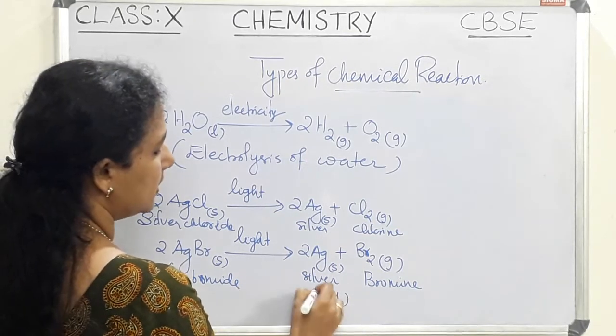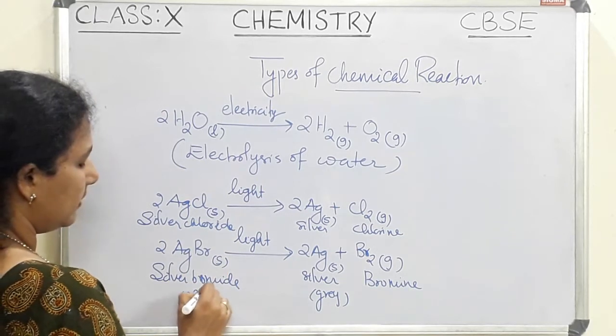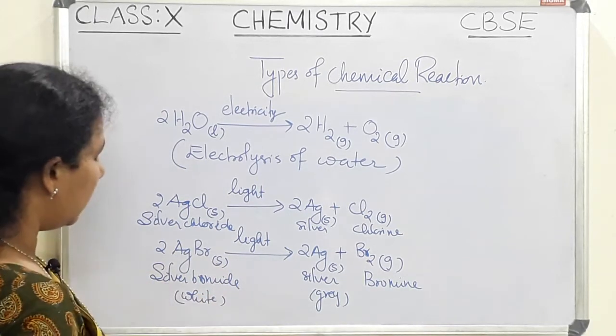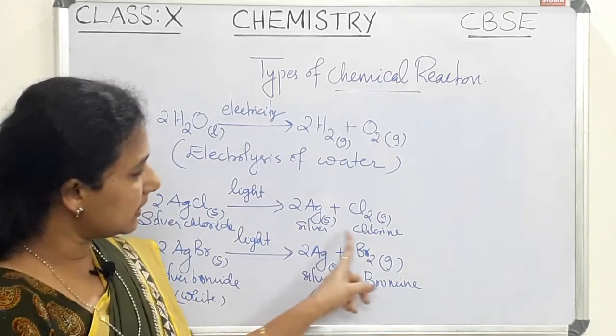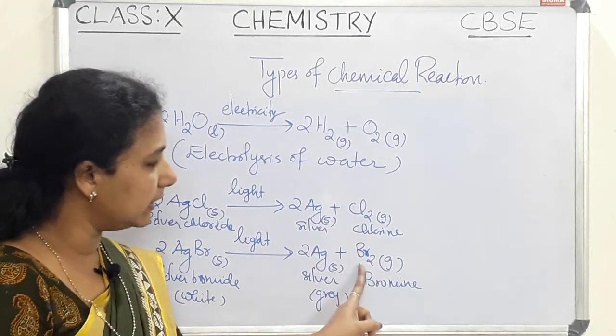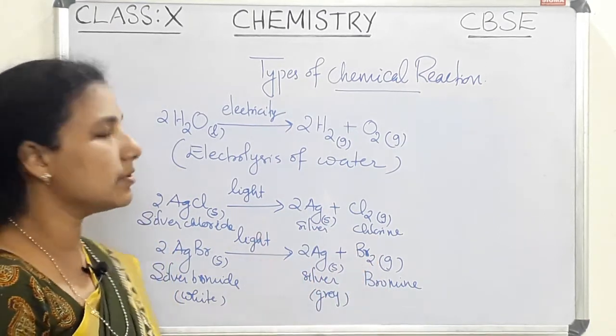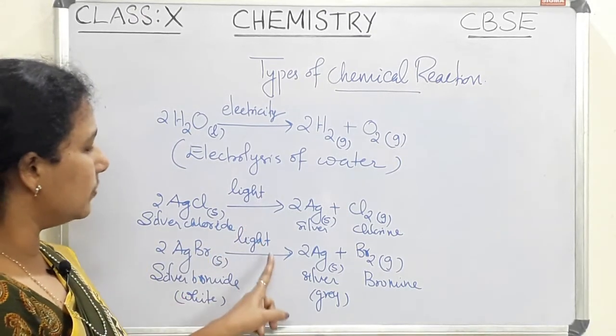Silver chloride and silver bromide are white. So these are converted to silver and chlorine in the first case and silver and bromine in the second case. This is another example of decomposition reaction where light is used.